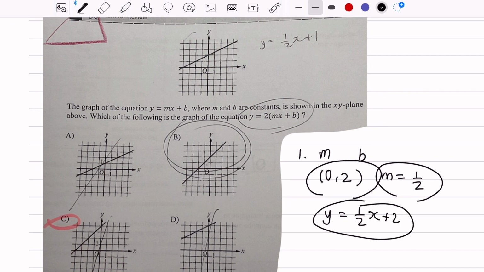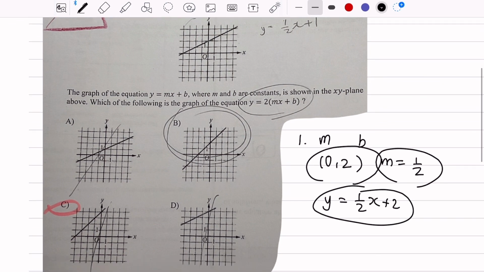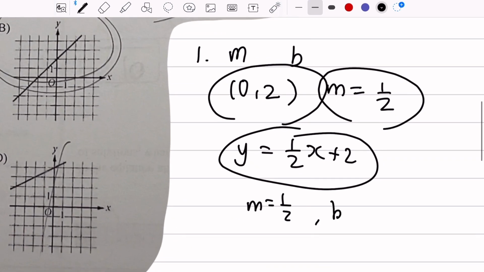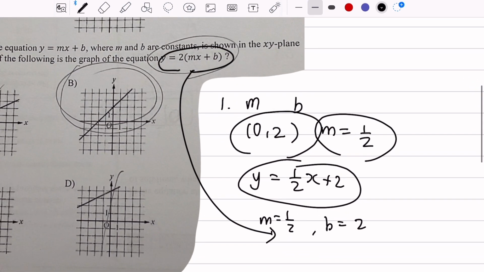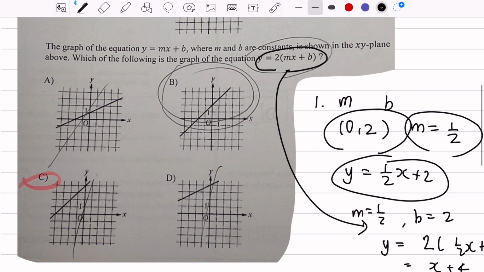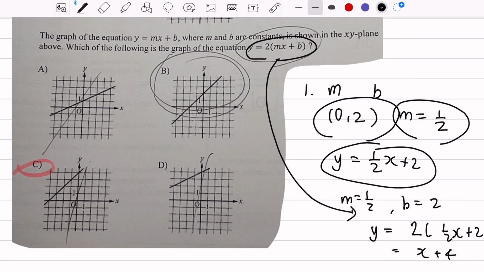Since we know m is 1/2 and b is 2, it's easy to find this formula as well. It will be 2 times 1/2 x plus 2, so it will be y = x + 4, and this will be the graph that has y-intercept (0, 4).